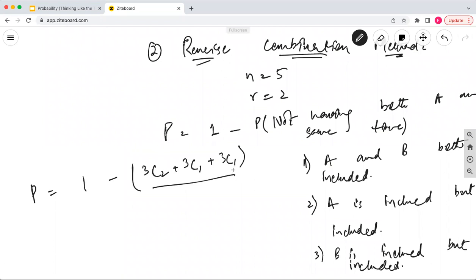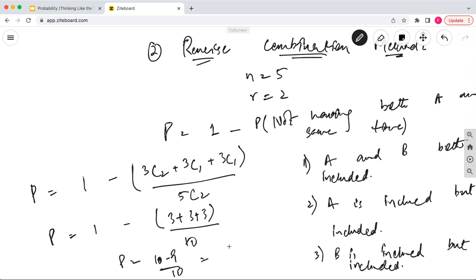And what are the total outcomes or total possibilities? Those are just 5C2. So this will be P is equal to 1 minus (3 plus 3 plus 3) divided by 10. So this will be P is equal to (10 minus 9) divided by 10, which is 1 over 10.